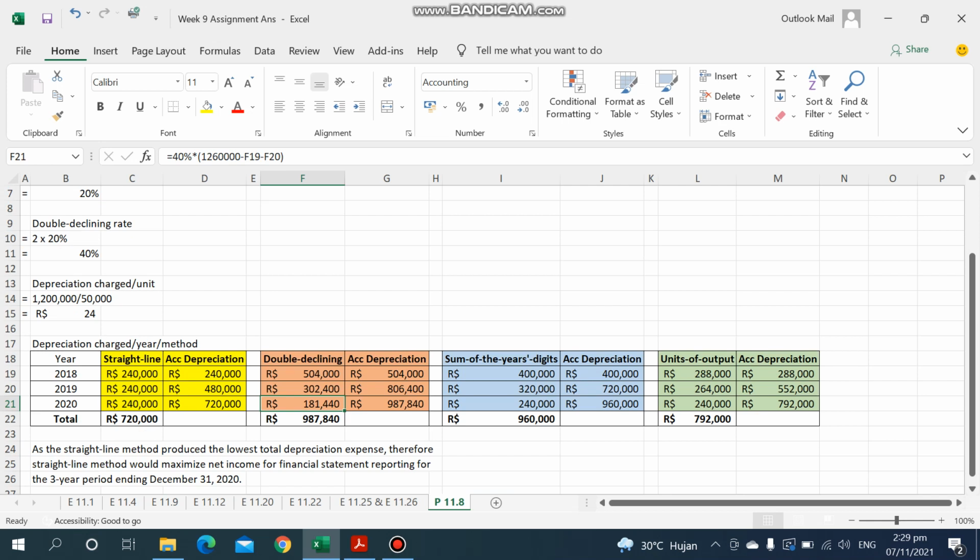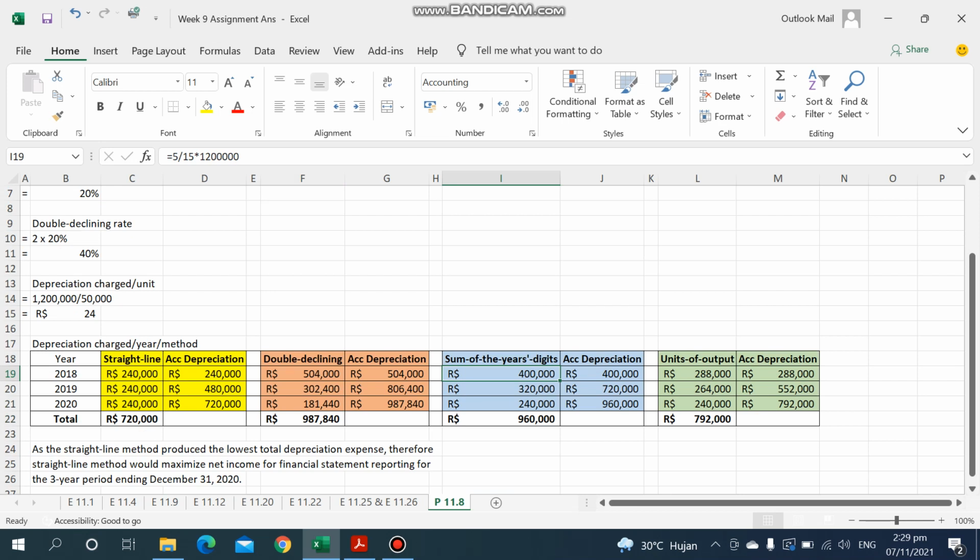So the depreciation expense for 2020 is 181,440. The total depreciation for double declining method is 987,840.